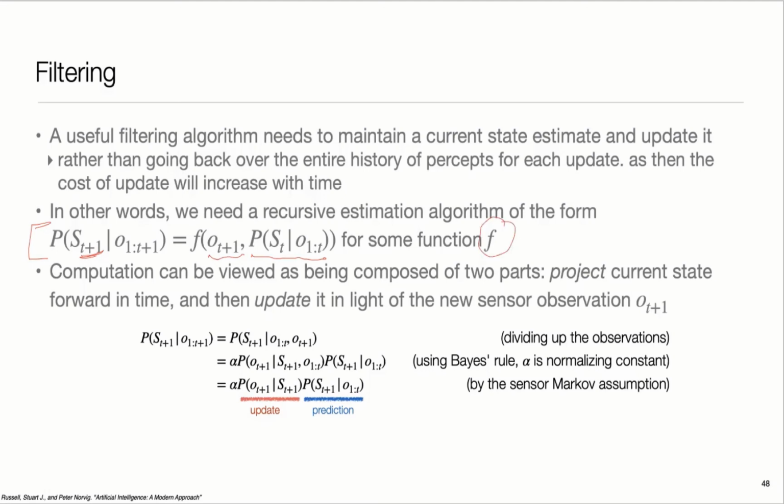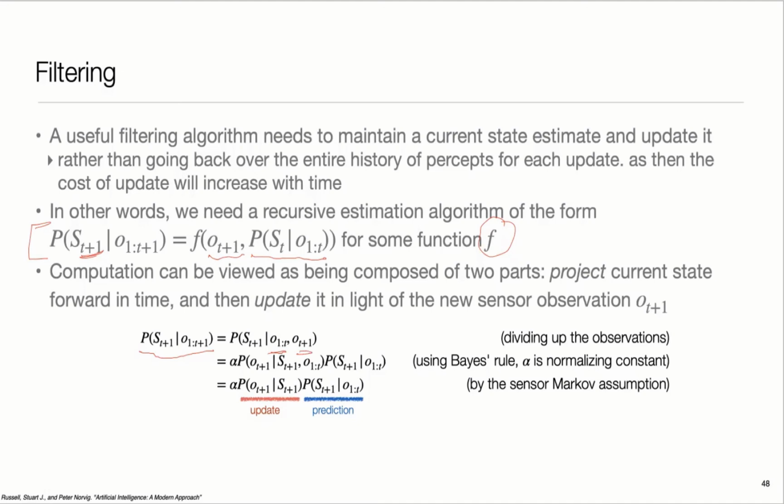That's what we want to achieve. Again, this becomes a game of playing with the probability expressions a little bit. If we look at our prediction problem at time t plus 1, then we can say that this is a prediction given two separate things: the history up to time t and the observation at time t plus 1.